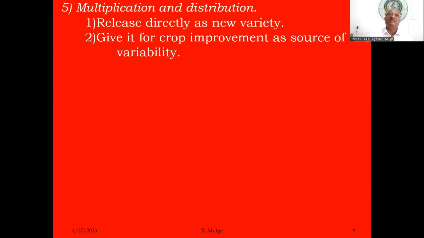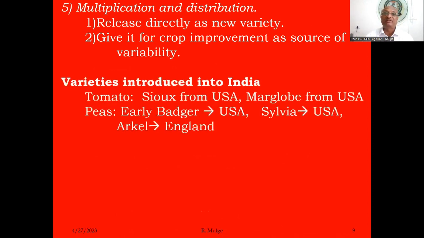Then the last step is multiplication and distribution. Once it has passed all these stages, if it is found fit, you can release it directly as a new variety or give it to crop improvement as a source of variability.